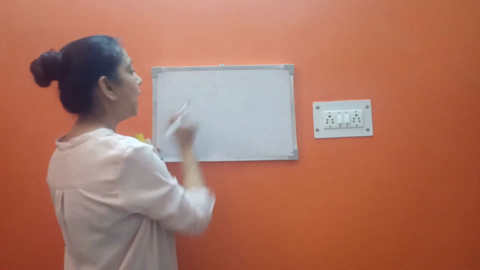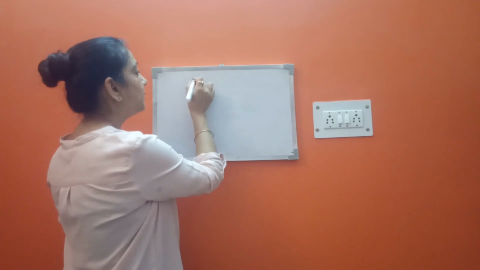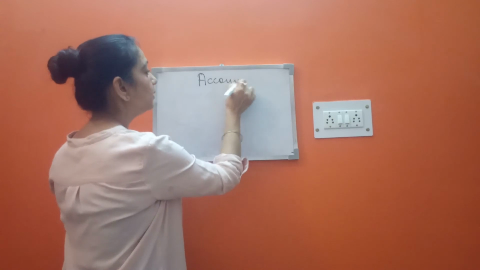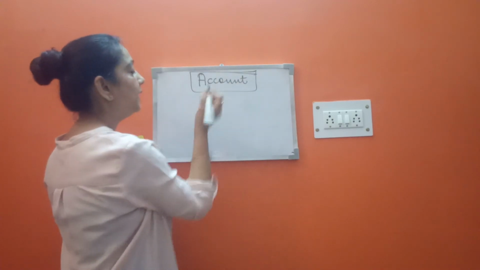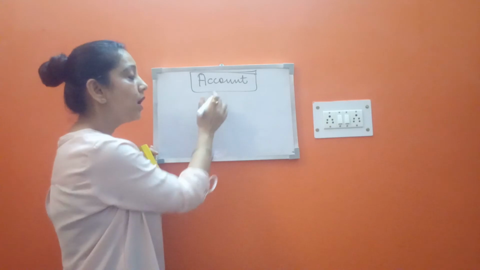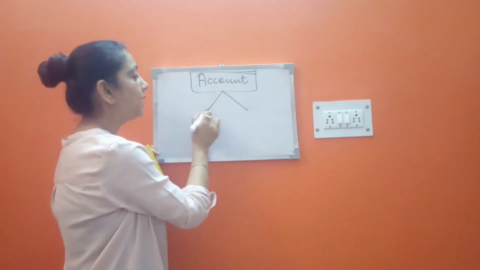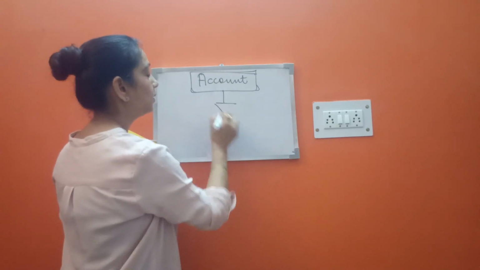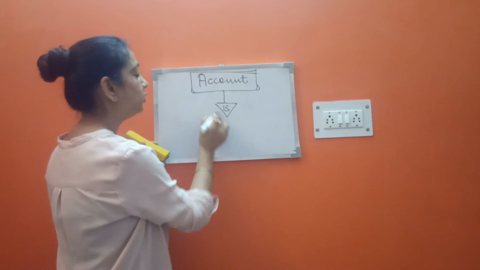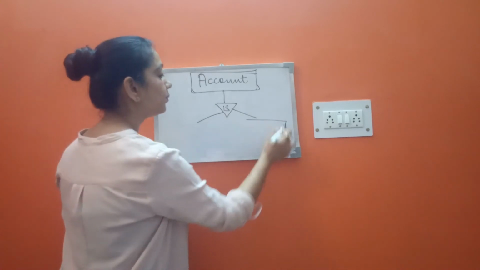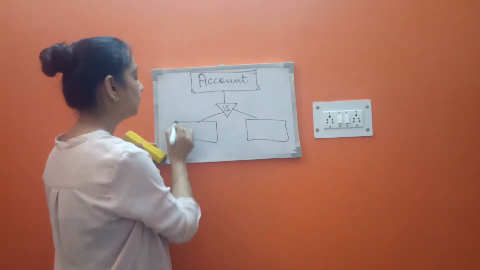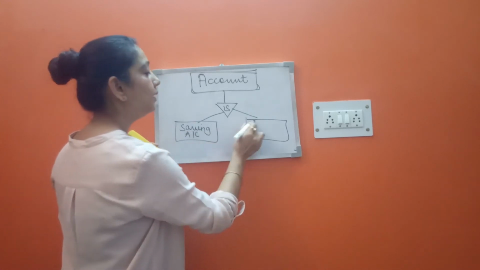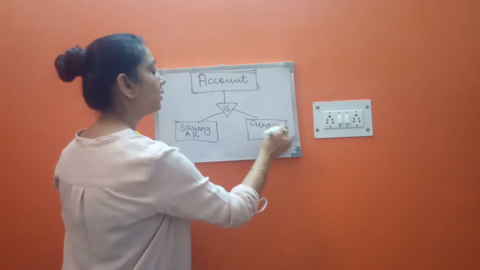Another example is that you have an account in a bank. This is the main entity. Account is a general concept. Now if I specialize an account, it can be specialized into two different types: the saving account and the current account.